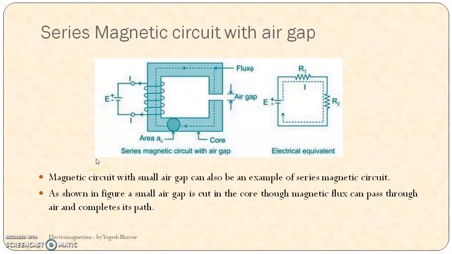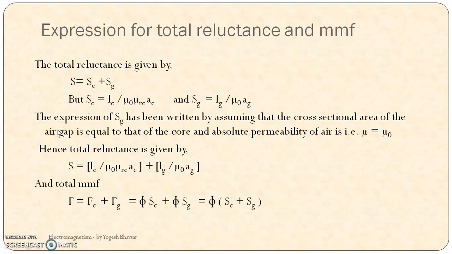Now the expression for this magnetic circuit is similar to the expression we have derived for the previous series magnetic circuit. So here SC and SG are the reluctance of the core and reluctance of the air gap. So we can define as per the formula. SC for the core will have LC by mu 0 mu RC into AC, and for the air gap reluctance will have Lg divided by mu 0 Ag.